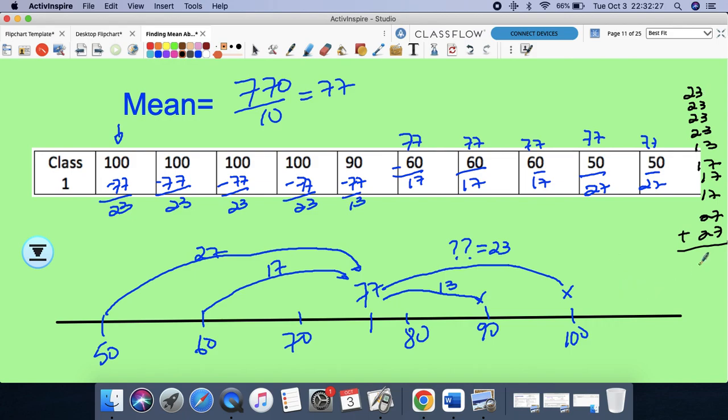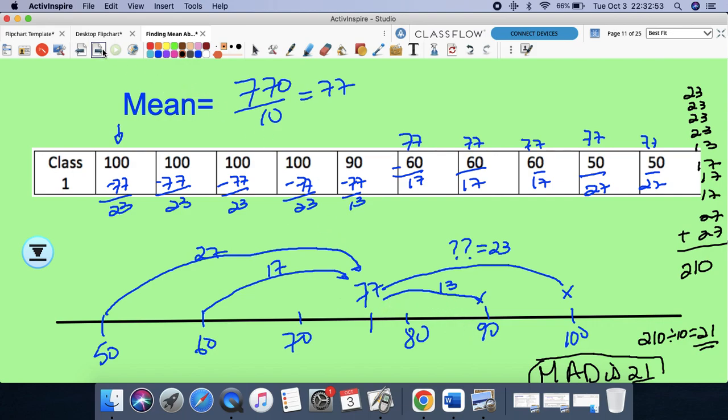Enter, we get 210. So we're going to take 210 divided by 10, and we get 21. So the MAD is 21. So what that means is that on average, right, the numbers are 21 units away from 77.